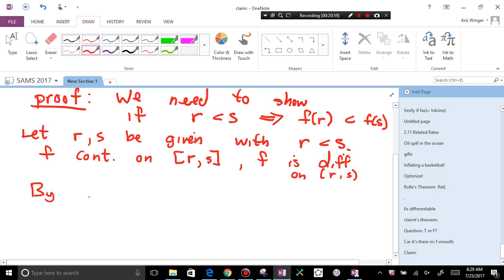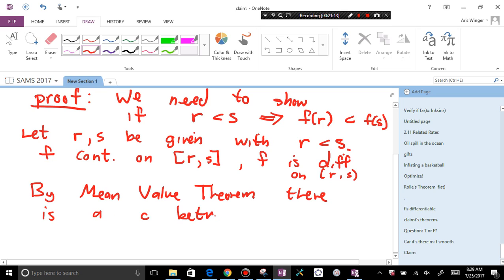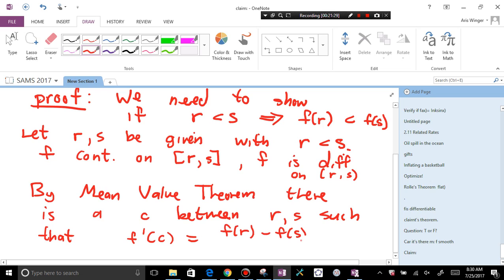So by the mean value theorem, there is a c between r and s such that f prime of c is equal to f of r minus f of s all over r minus s.